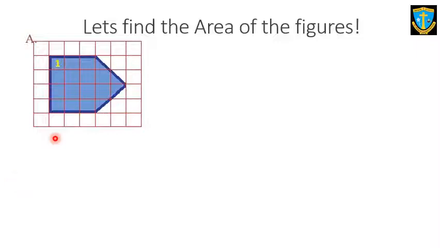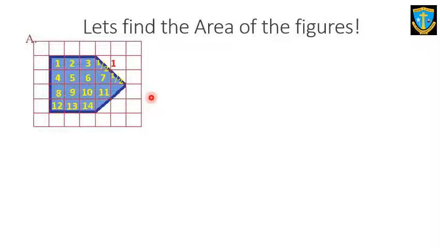This is 1, 2, 3, 4, 5, 6, 7, 8, 9, 10, 11, 12, 13, 14 full squares. Now the remaining halves: this half and this half will make 1.